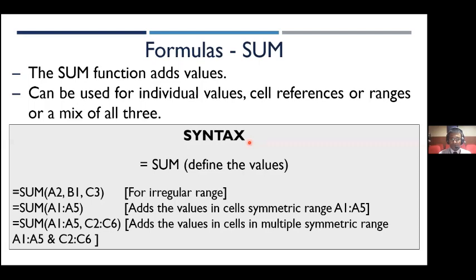You're picking up the cells randomly. When you're picking up the cells in a range, in a series, it is referred to as a symmetrical range. So the usage of some formula will depend on the kind of data that you have. Do you have a symmetrical range, or is that an irregular range?